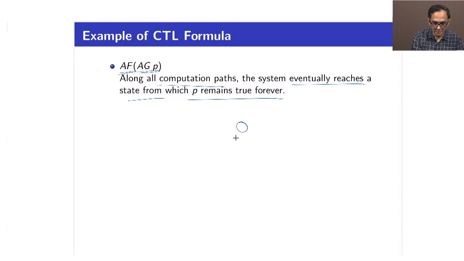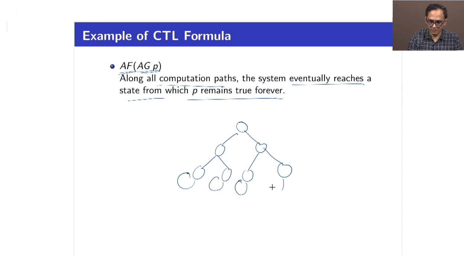Let me draw a diagram, a computation tree. Let us say I have this, and let us say P holds here, P holds here, P holds here, P holds here, and P holds here, if this is the scenario.